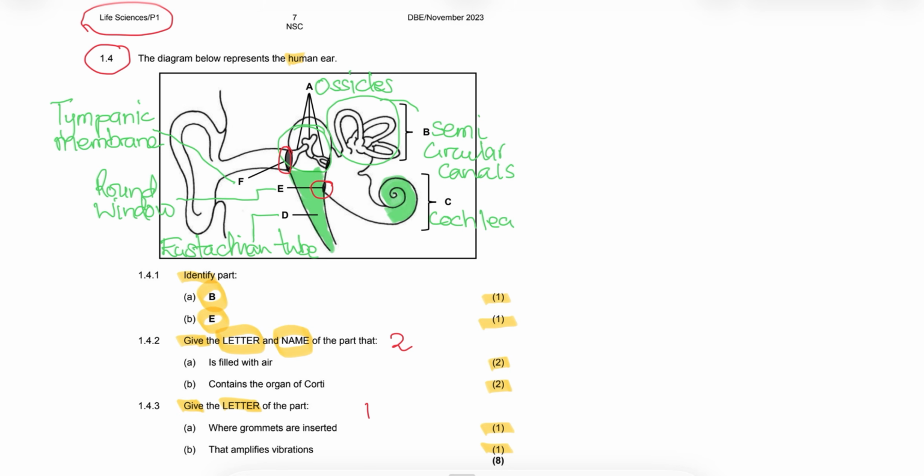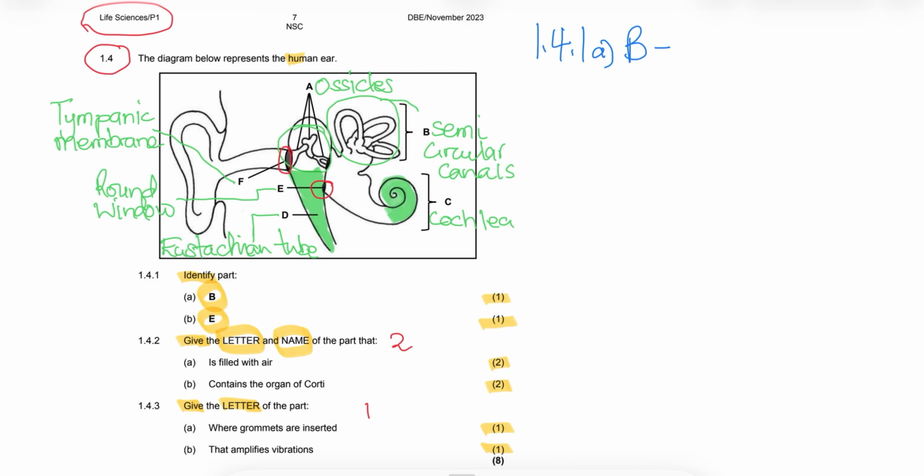So we start with question 1.4.1. 1.4.1 is asking us to identify B. So we go back to the diagram.